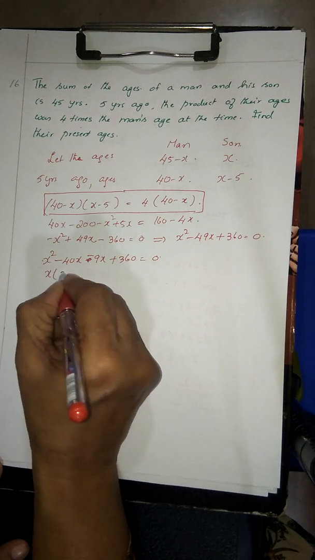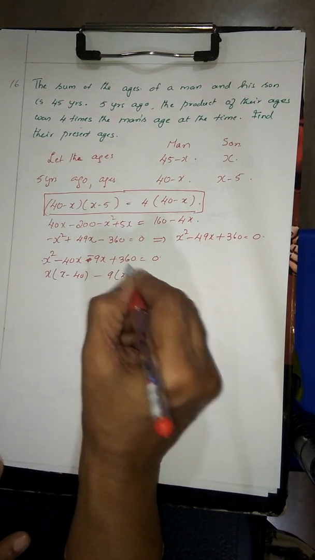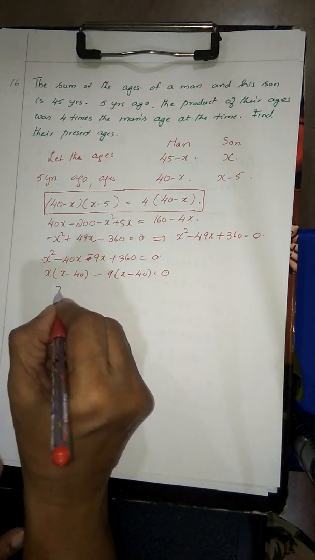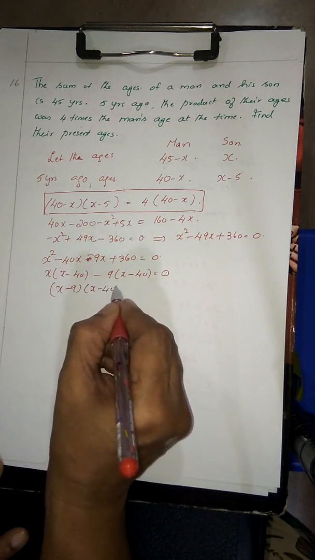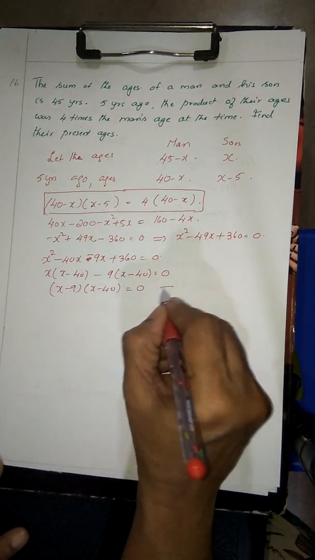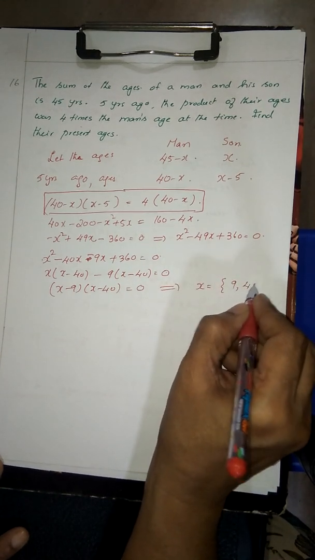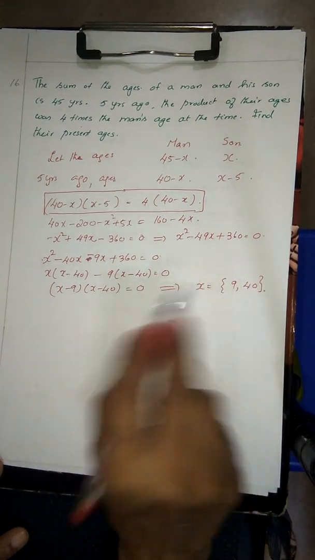So x into x minus 40 minus 9 into x minus 40 equal to 0, from which you get x minus 9 into x minus 40 equal to 0. So you get x is equal to 9 and 40. Here both are positive, so we have to take both.